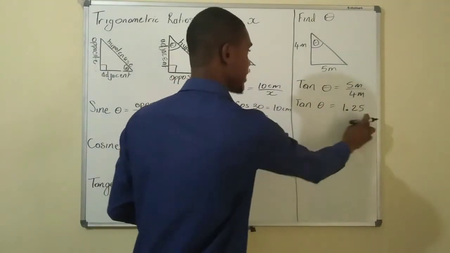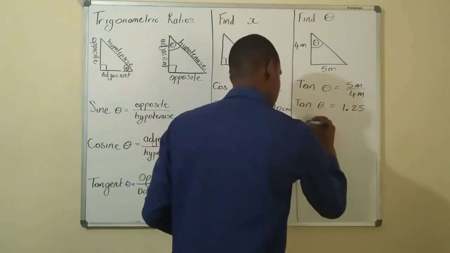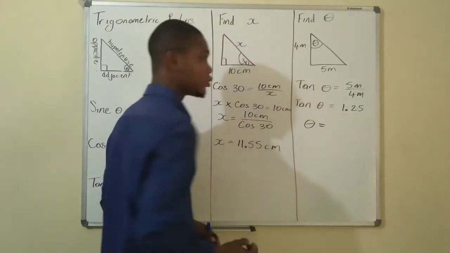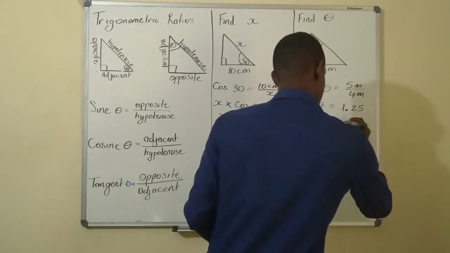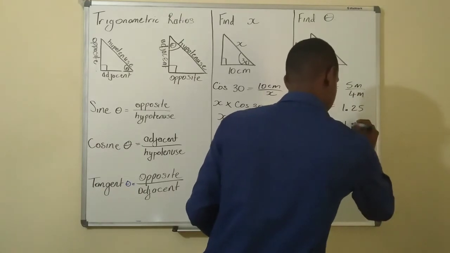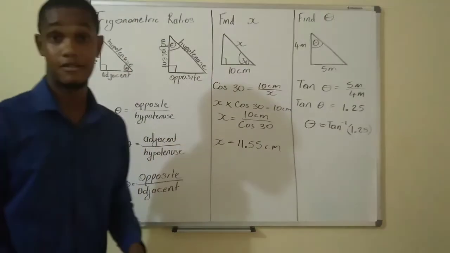Now, when you get here, you'll just write theta is equal to tan inverse of 1.25. Now you must be wondering, where does the tan inverse come from?